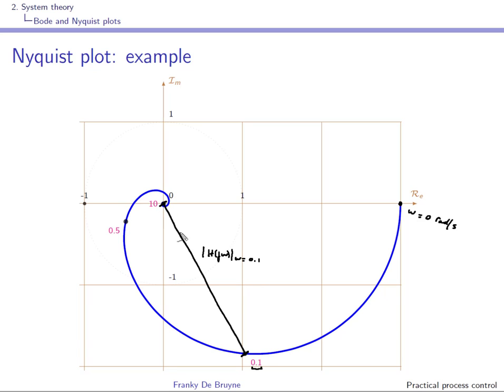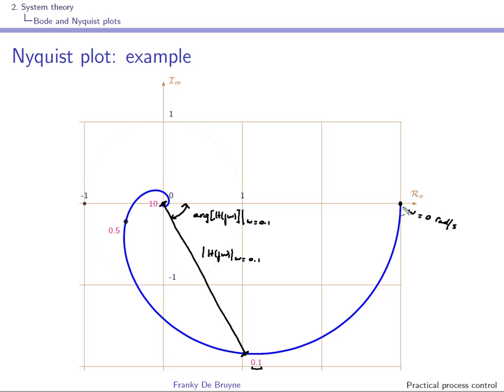So here we can read the gain of the system at the frequency 0.1 radians per second. This angle here represents the phase shift, so it's the argument of H(jω) at that same frequency, 0.1 radians per second.